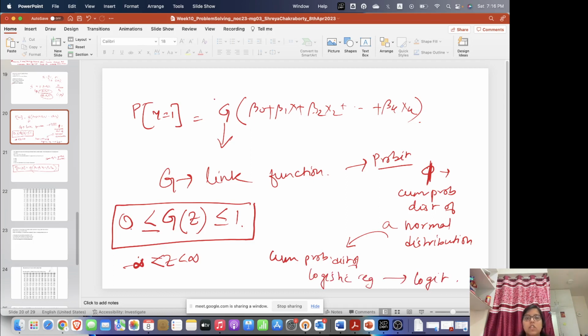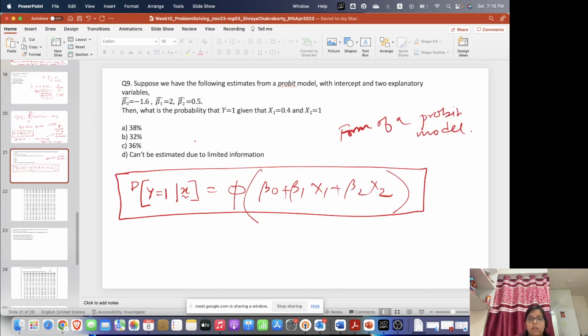So this g is nothing but a cumulative distribution function, or the CDF. This is the general concept. Now we move on to a probit model. So we have something like this.